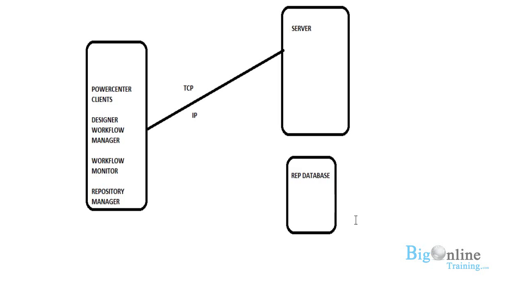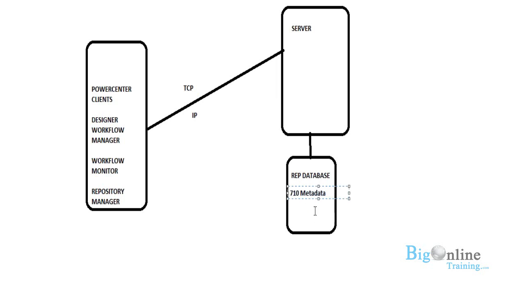But in the case of Informatica, it will store all its related metadata in the database, which consists of a predefined set of metadata tables. So your repository database will consist of metadata tables. Around 7-10 metadata tables will be created during the installation.